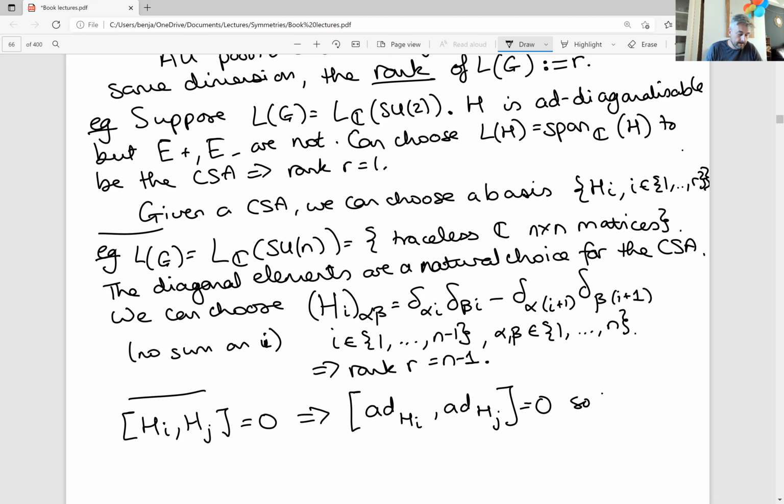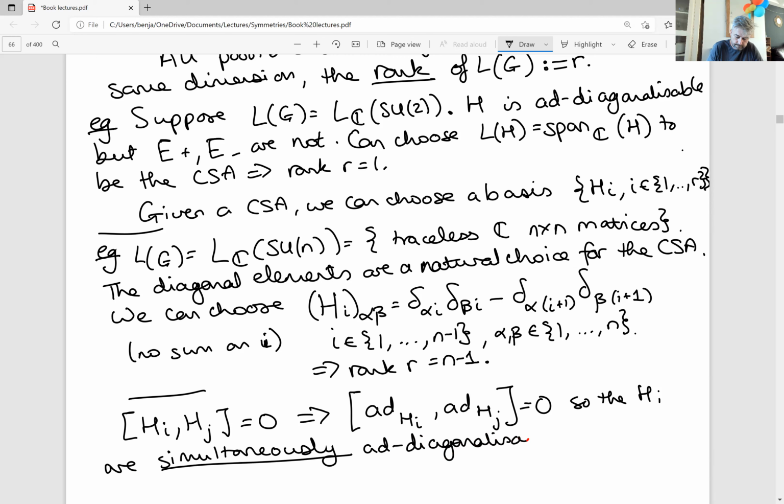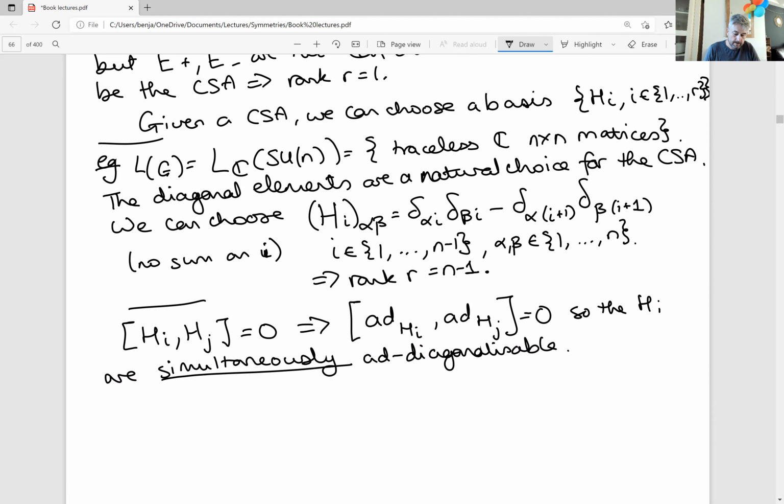So the H_i are simultaneously ad-diagonalizable. So we can discriminate two types of eigenvectors in the Lie algebra.